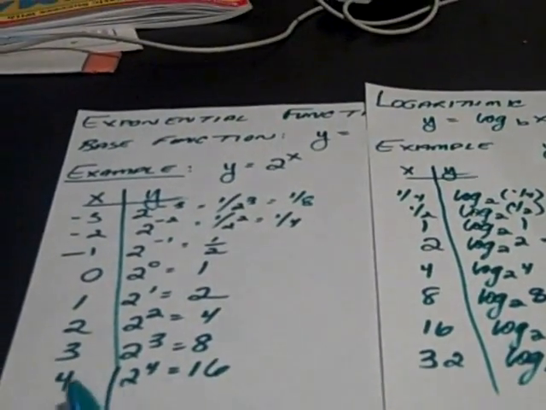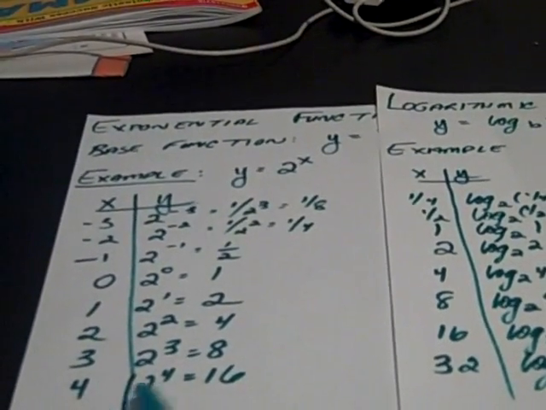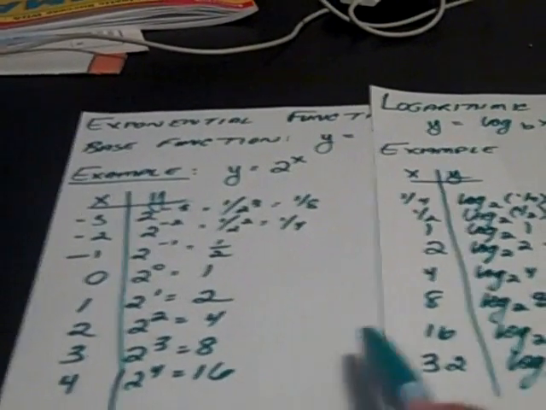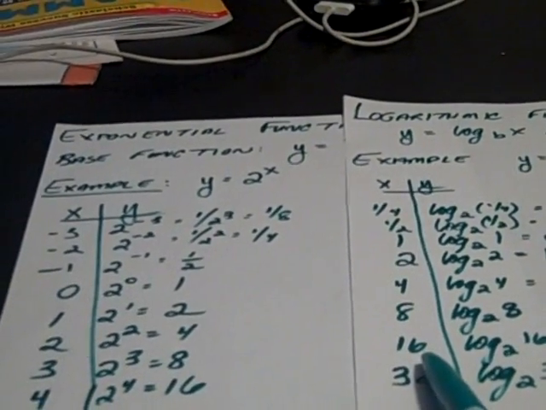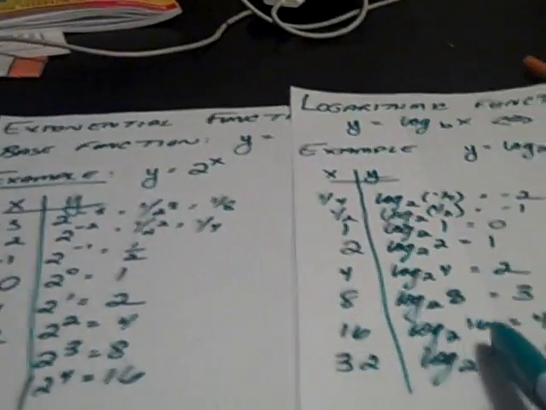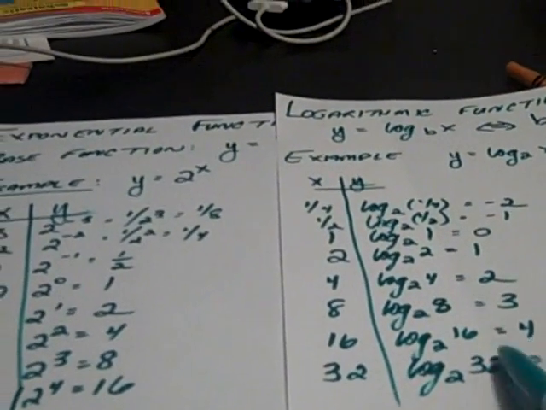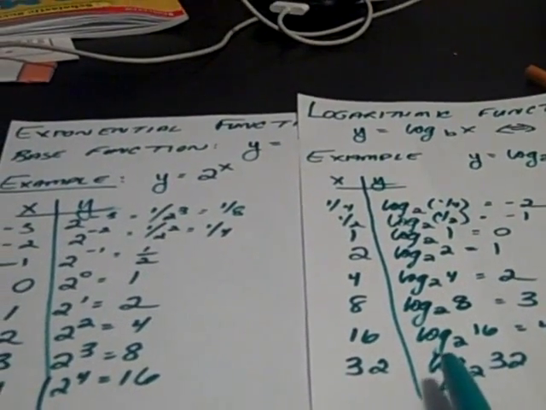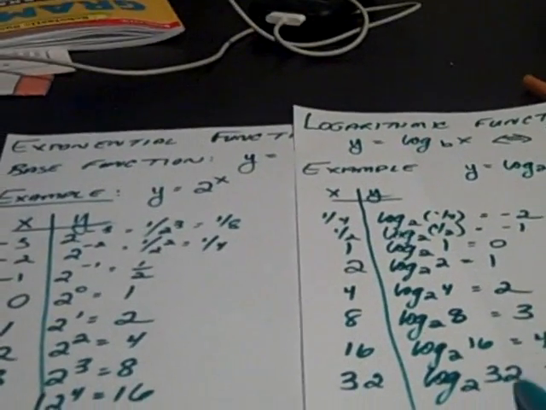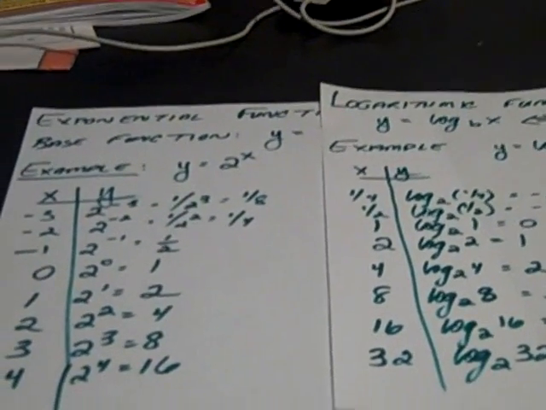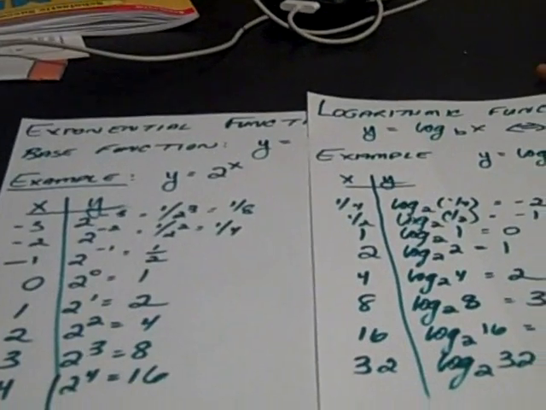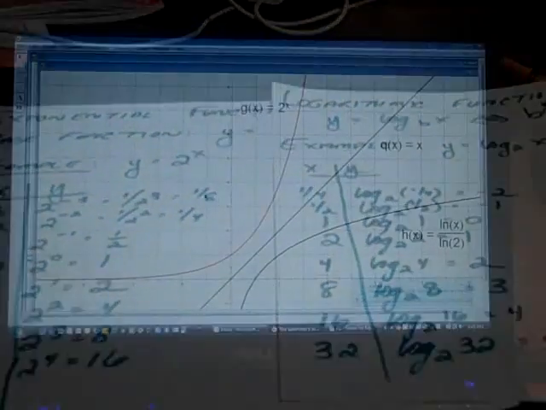Let's do this for another point. In the exponential, if x is 4, the y value is 16. We go over here to the logarithmic function. If x is 16, the y value is 4. This is actually going to support the fact that the exponential and the logarithmic functions are inverses of one another. Let's take a look at this on the graph.